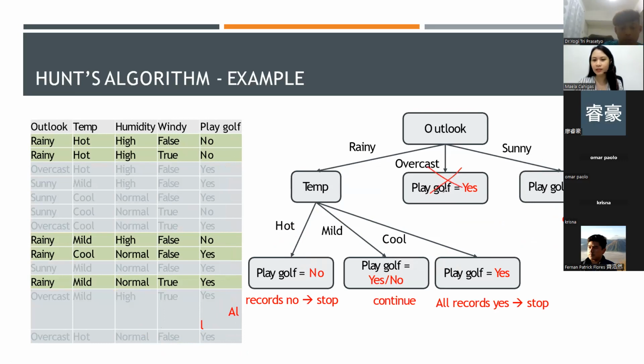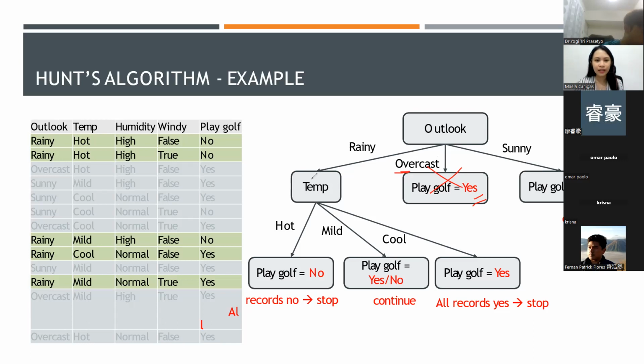So we're going to stop at overcast, and instead we can just say yes. So what does this mean? For example, a player wants to play baseball. That player will only play baseball if the outlook is overcast. So automatically it will not play if the outlook is not overcast.